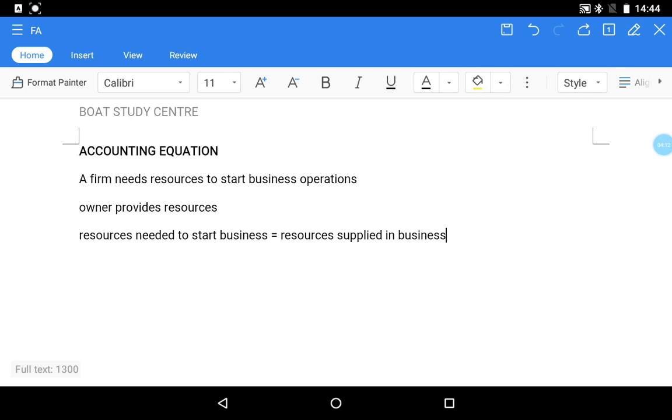Now we have those resources in the business, and when those resources are in the business, we consider them as assets.